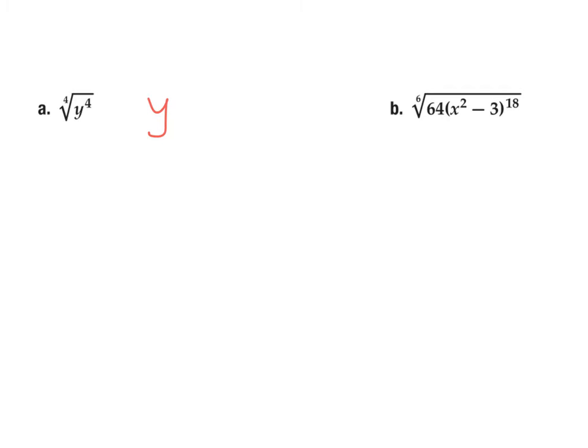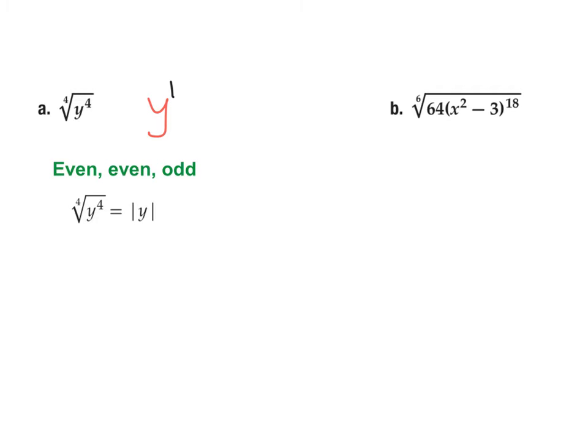So what I have is this even, odd. If y was a negative number to begin with, we would have a problem, because you can't take an even index radical and produce a negative number. So what we do to combat that, since this is even, odd, is put absolute value around the y to ensure that my answer is positive.